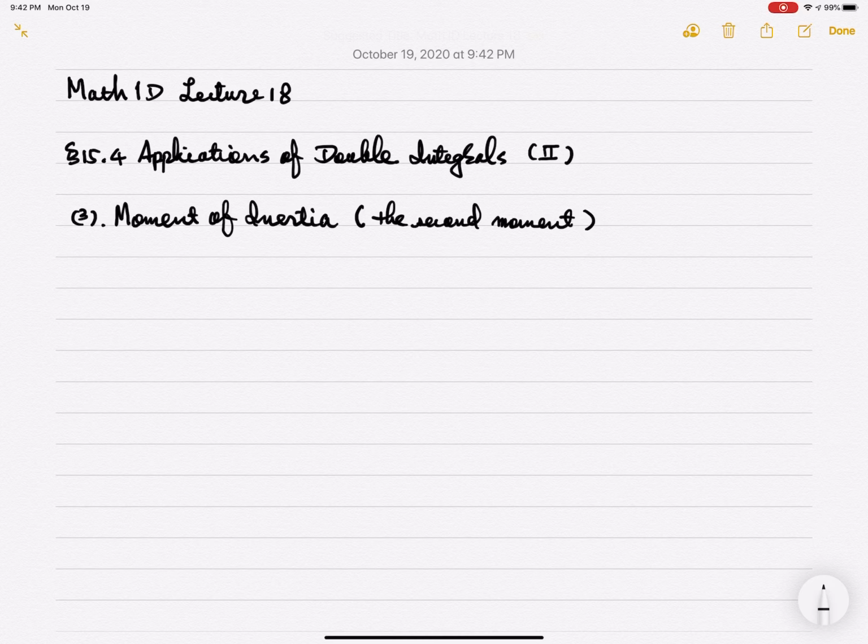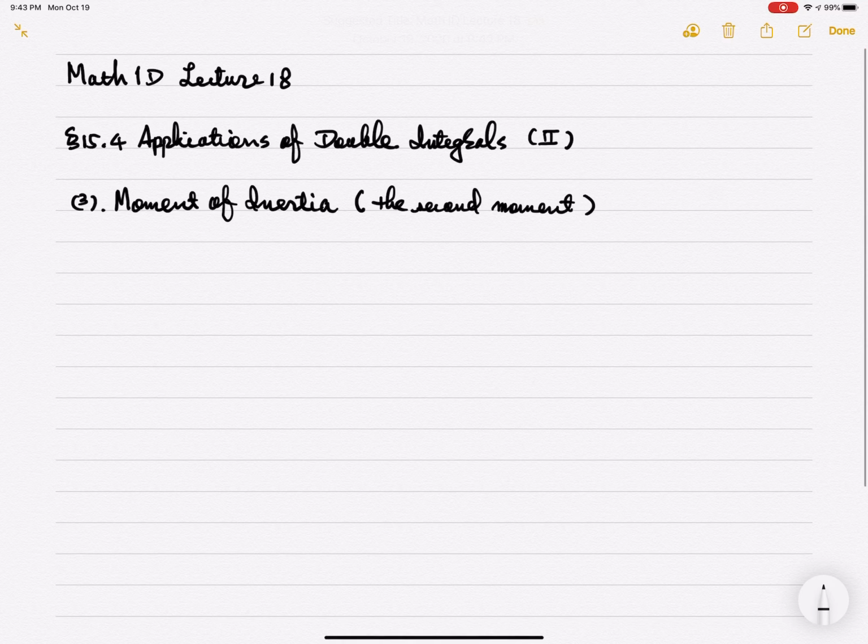In physics, this is a quantity expressing a body's tendency to resist angular acceleration. I'm not going to talk about the physical part of how we come up with the definition. We're going to just directly talk about the definition.